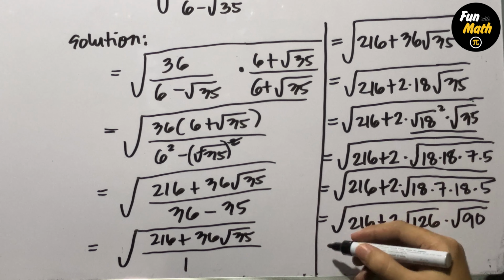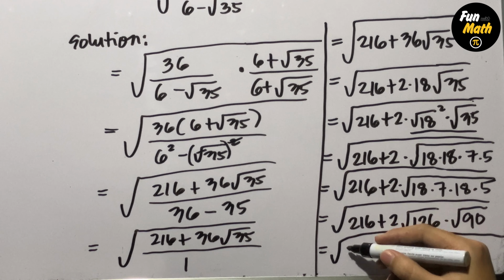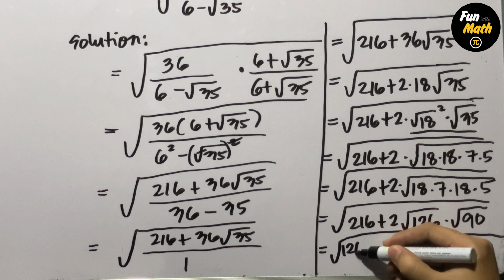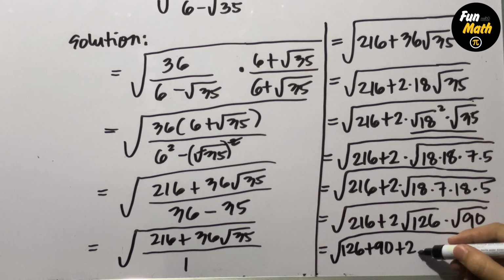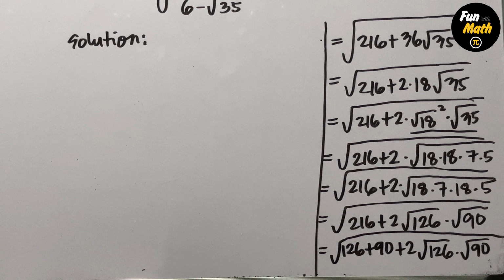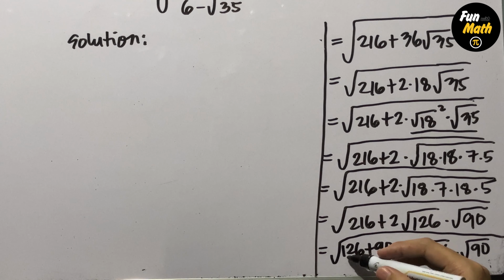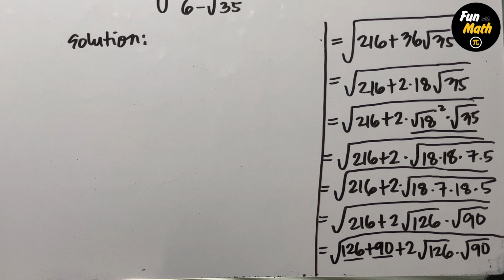So this now equals square root of 126 plus 90 plus 2 square root of 126 times square root of 90. And then next, let's write this 126 and 90 in radical form.